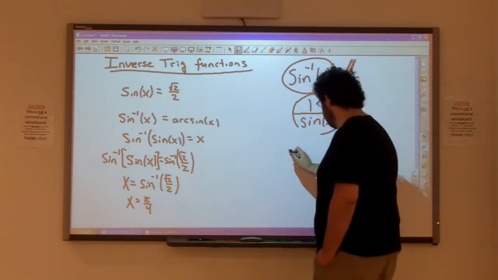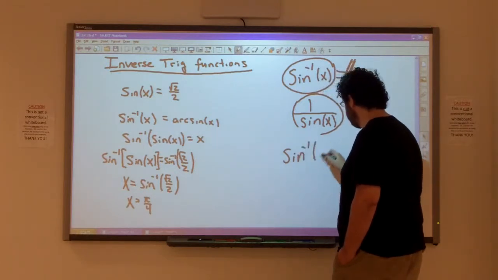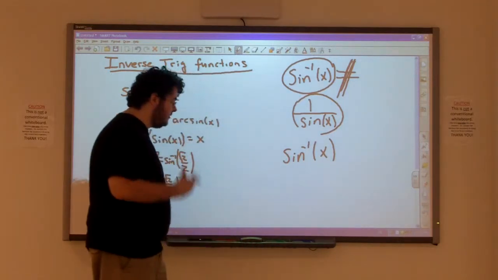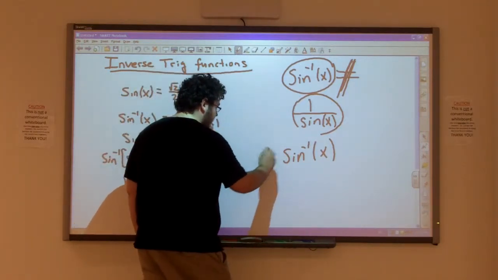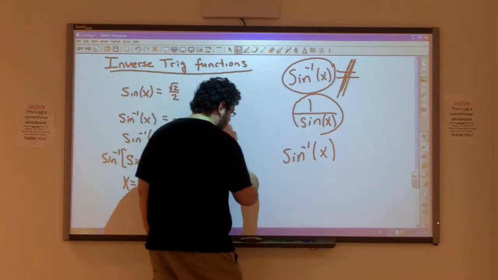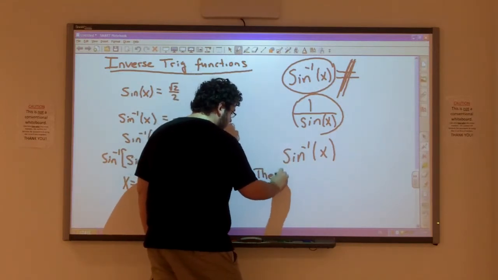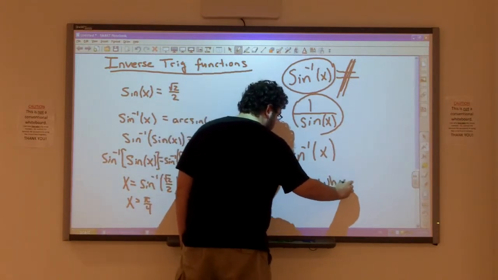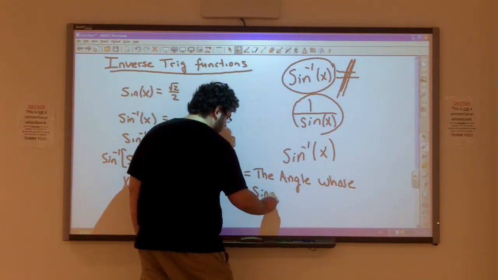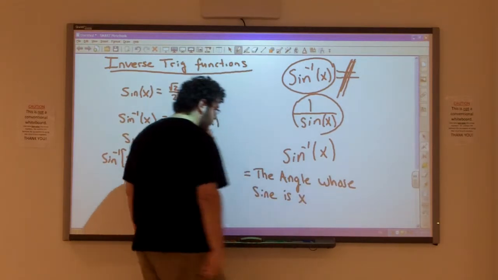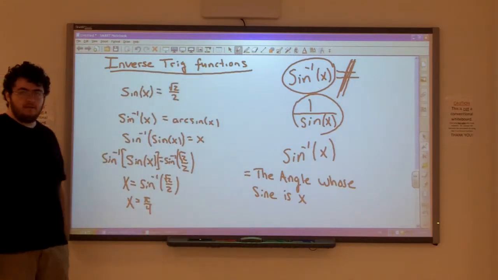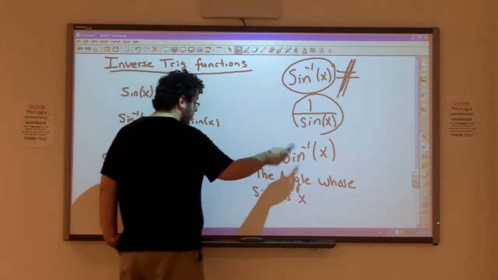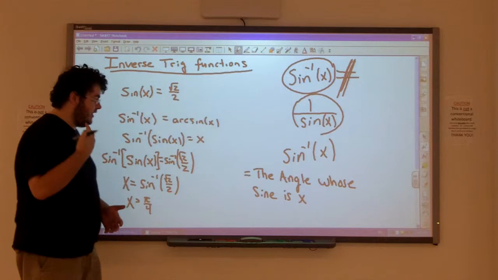So whenever you see sine inverse of x, the way you should read this the first time you see it, is to say this value is equal to the angle whose sine is x.